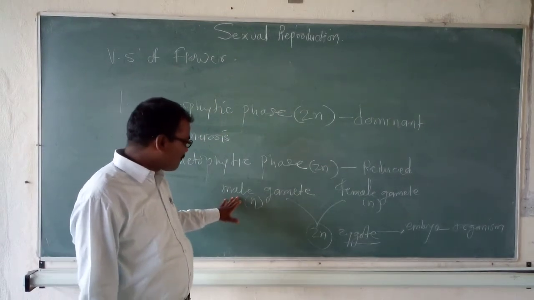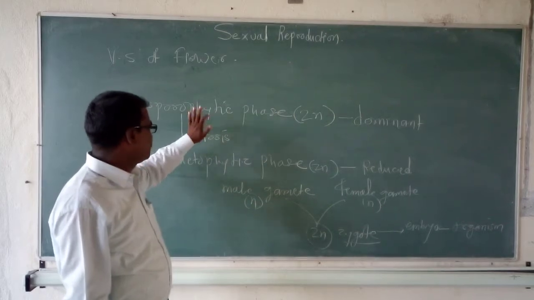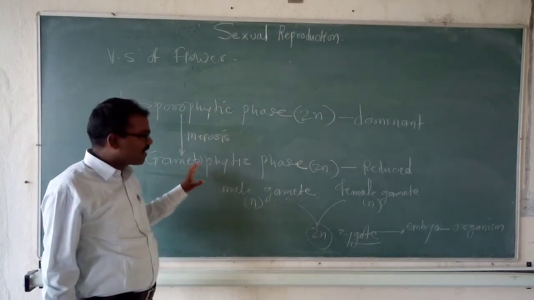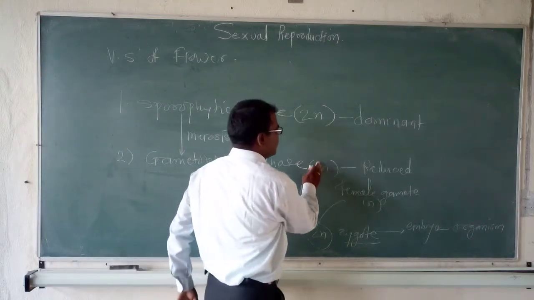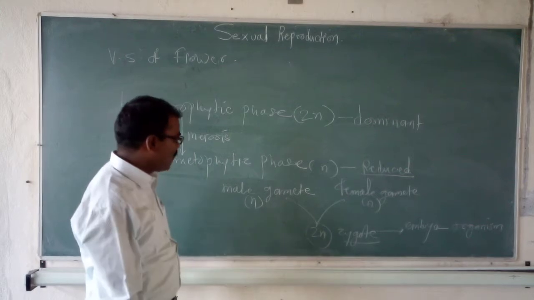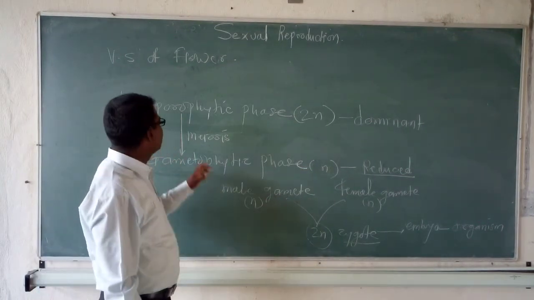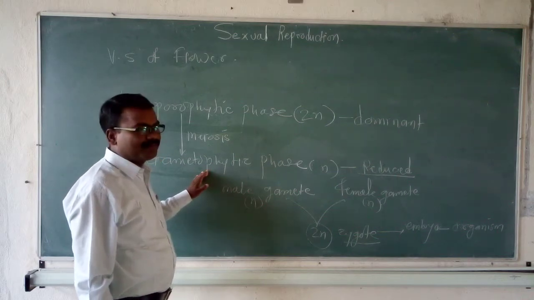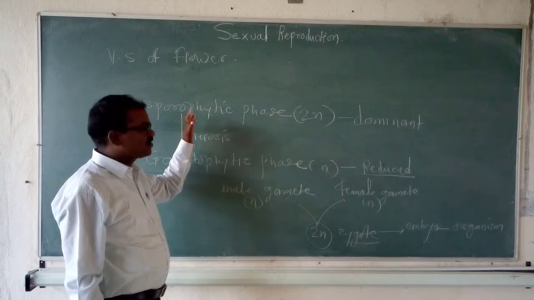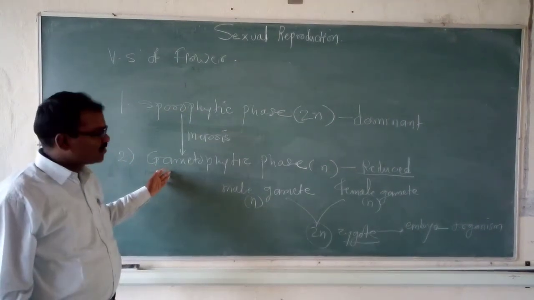Only the formation of male gamete and female gamete on the sporophyte is called the gametophytic phase. Hence the gametophytic phase is a reduced phase, and it is haploid. Do you understand this difference between the sporophytic phase and gametophytic phase?